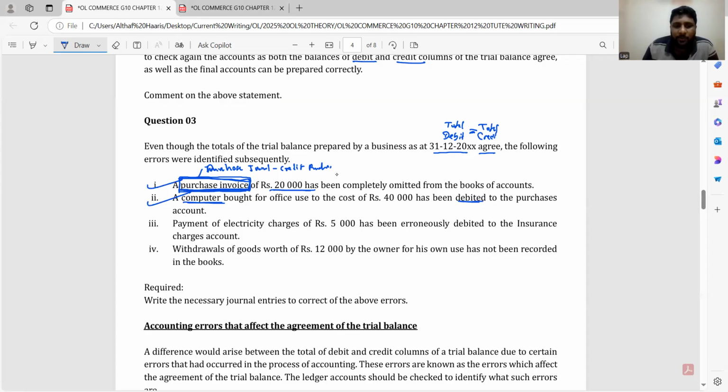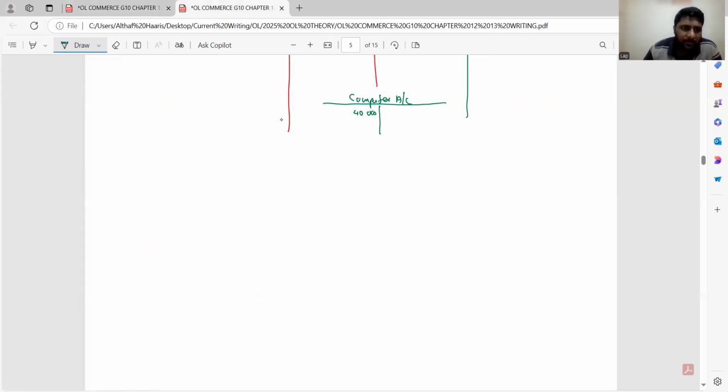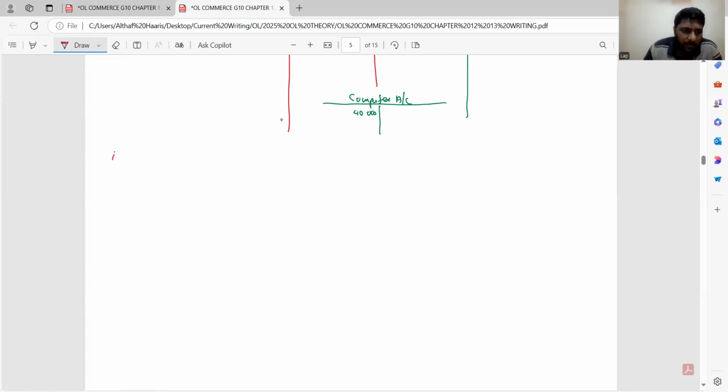Okay. Now let's move to the next one, Lamai. Payment of electricity 5,000 erroneously debited to insurance account. Now let's see what is the mistake that you have done. Mistake. You have debited the insurance account.